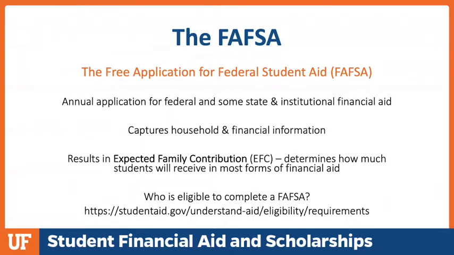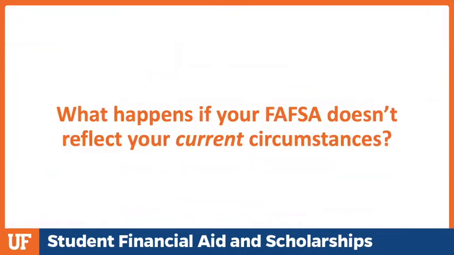Those are just some basic eligibility requirements. If you have some questions and you want to find out a little bit more about those FAFSA eligibility requirements, then please go to studentaid.gov/understand-aid/eligibility/requirements.